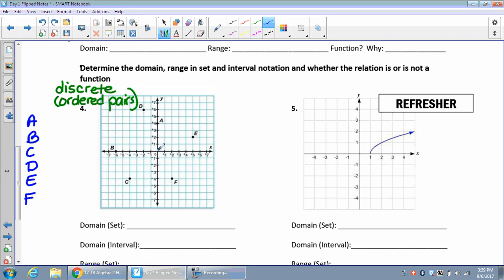So if I'm starting at 0, 0, to get to point A, I don't want to move left or right at all. So that's going to be 0, comma something. So don't move left or right, just go straight up. 1, 2, 3, 4. So A is 0, comma 4.